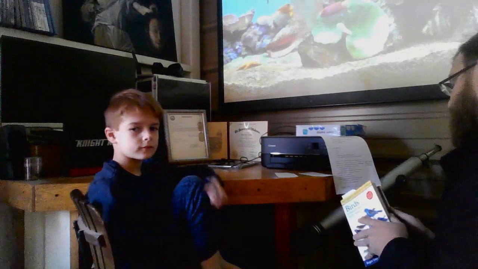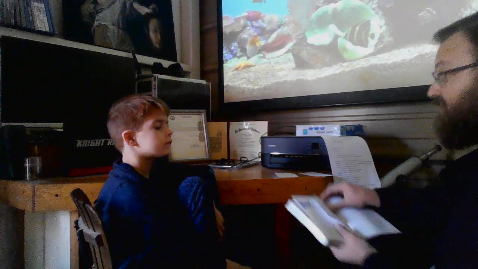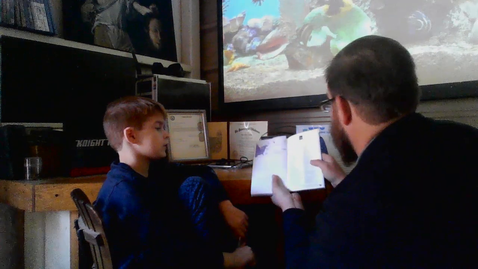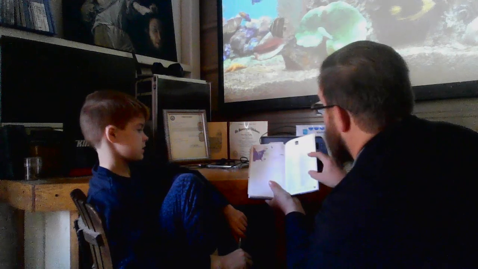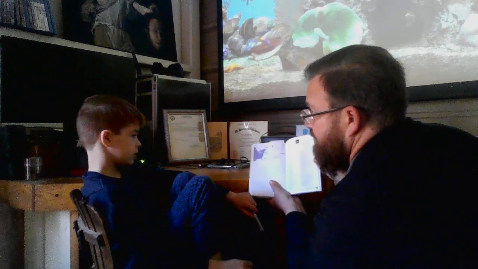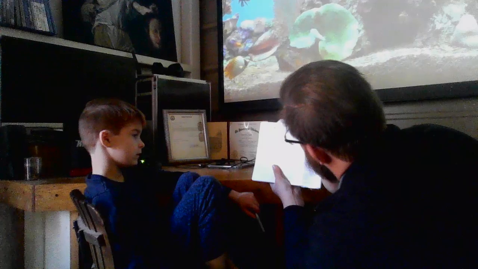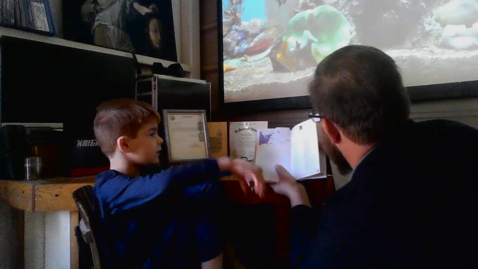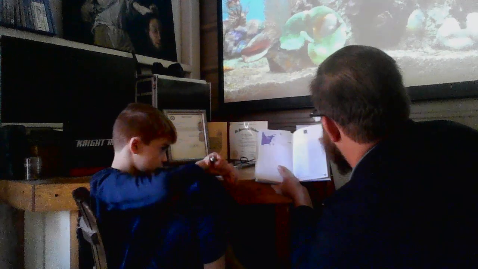Now, in back, we have what's called an index in this book. This book doesn't have a glossary, but it does have an index, okay? And this is a detailed list in alphabetical order with the page number of everything in the book, okay? See how it starts with A? Was B?